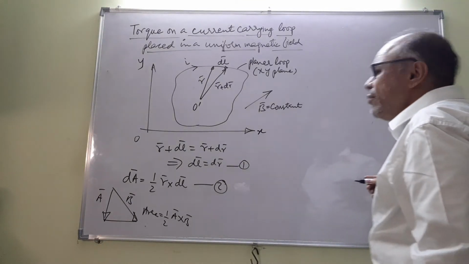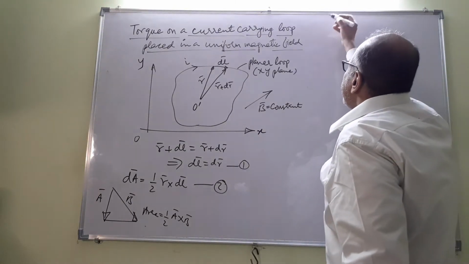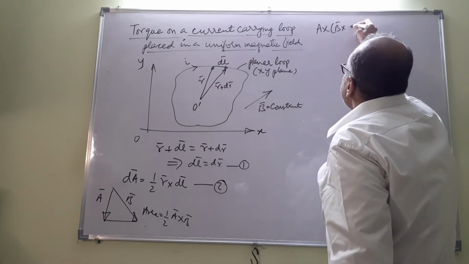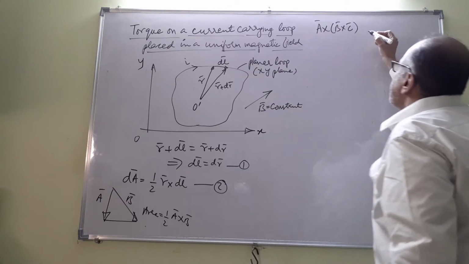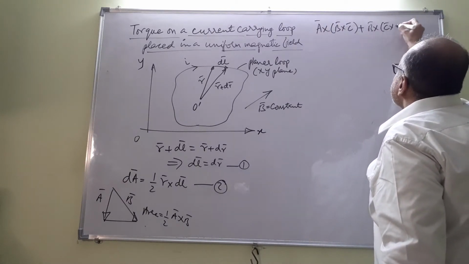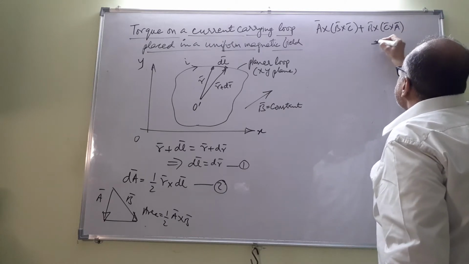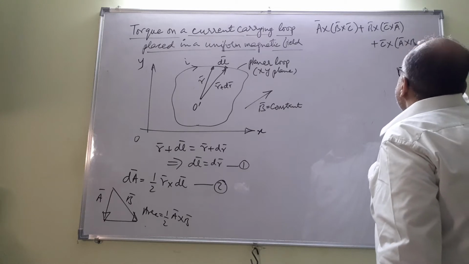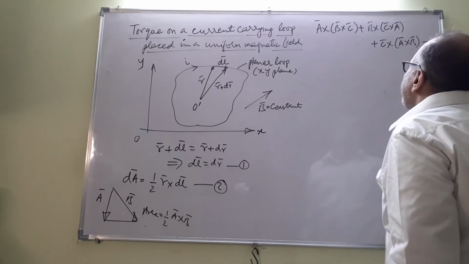Then if you have three vectors, A cross B cross C plus B cross C cross A plus C cross A cross B will be 0.